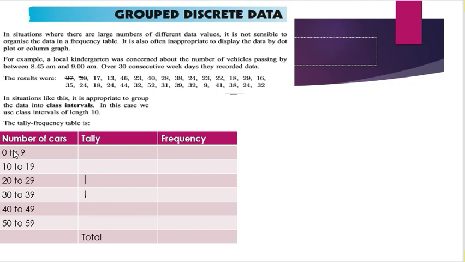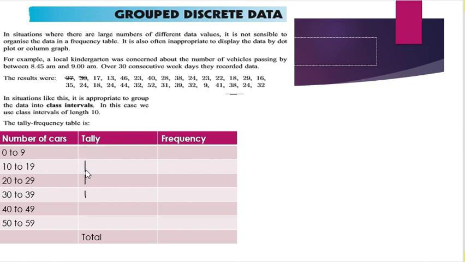So always make sure we start with 0. We don't start with 1. We write 0 because it's one of the possible data values going to 9. And you remember 0 to 9 covers 10 numbers, including 0. It's not just 9 numbers, it's a class interval of 10, including 0.